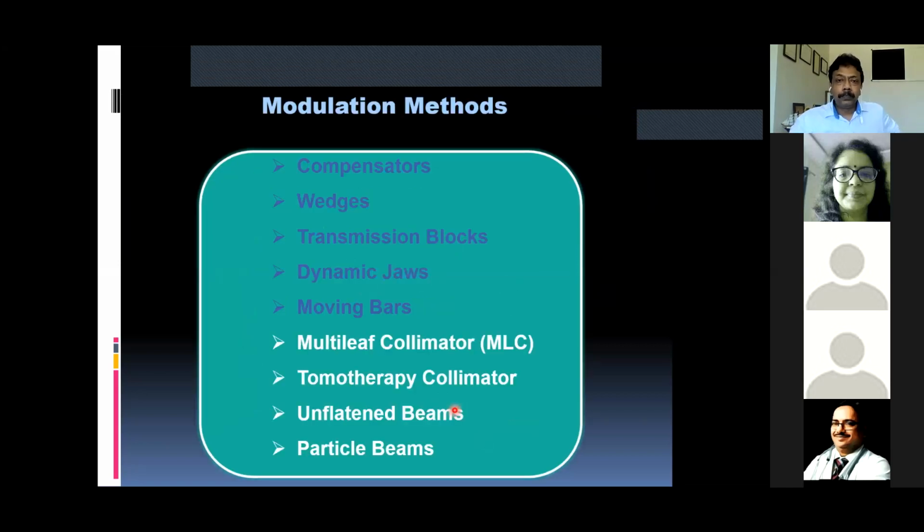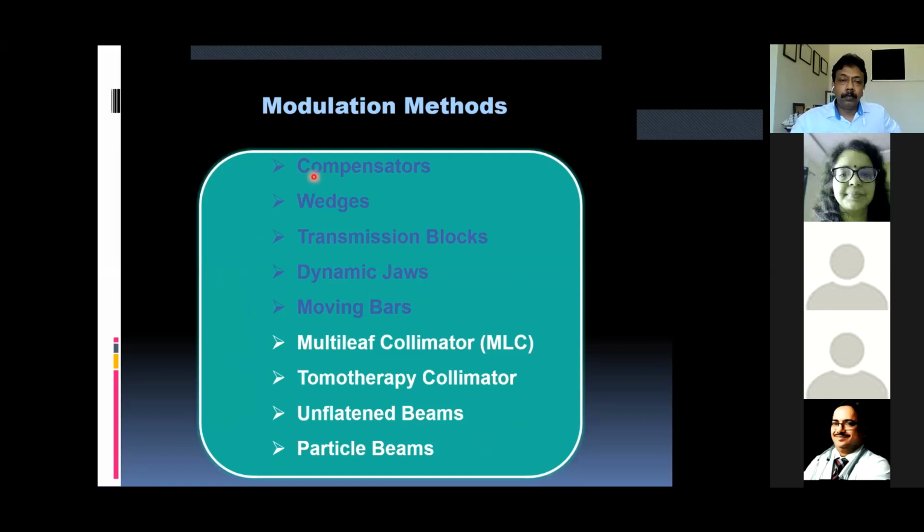So, modulation methods. At first, people tried compensators, transmission blocks, dynamic moving parts, but they are very cumbersome and very laborious. So in modern days, modulation methods are based on multi-leaf collimators, tomotherapy collimators, unflattened beams with multi-leaf collimators, and particle beam modulation like proton IMPT, intensity modulated proton therapy.